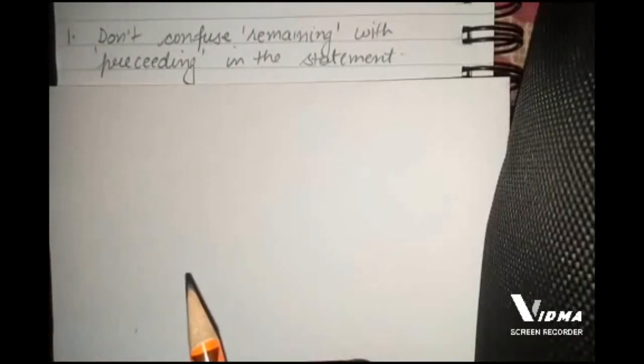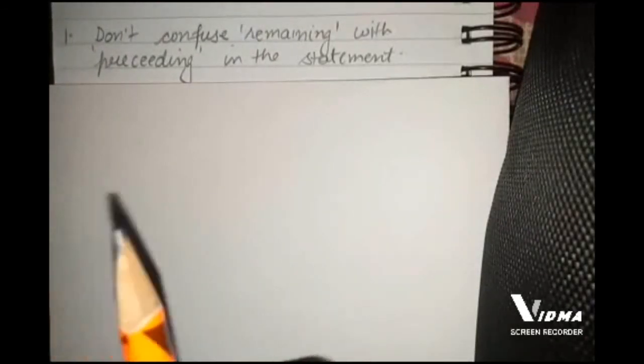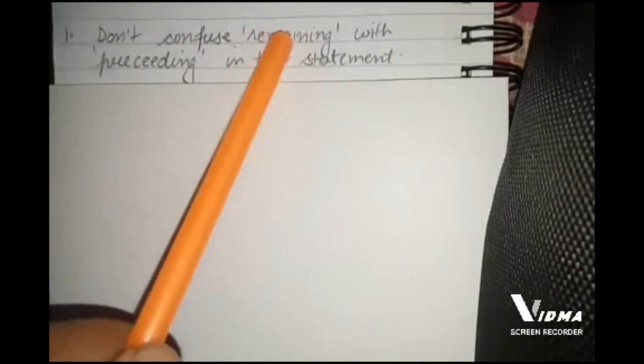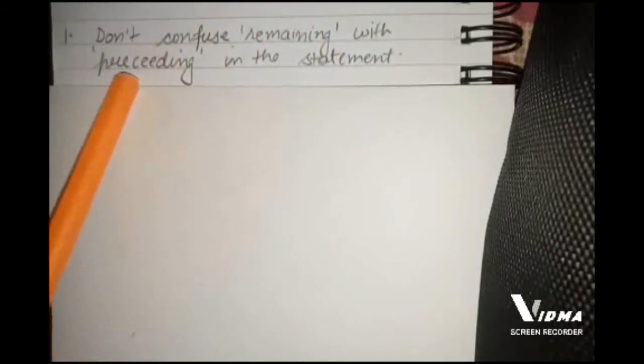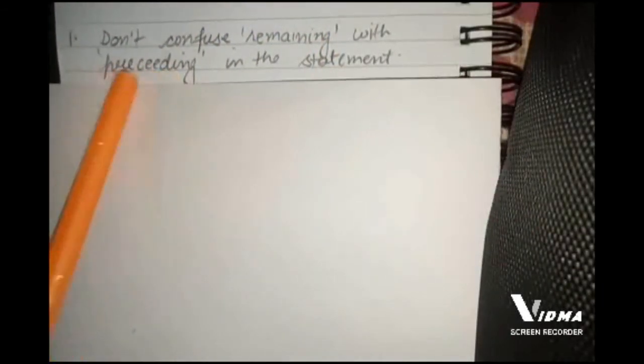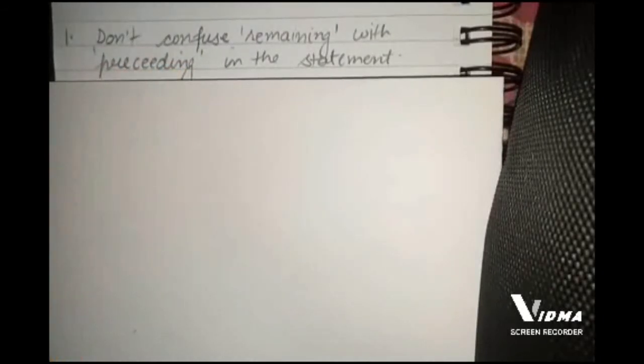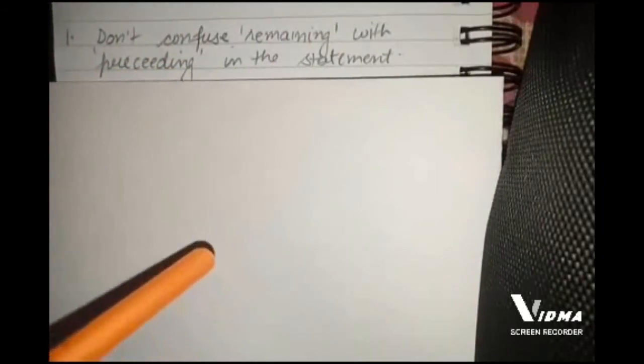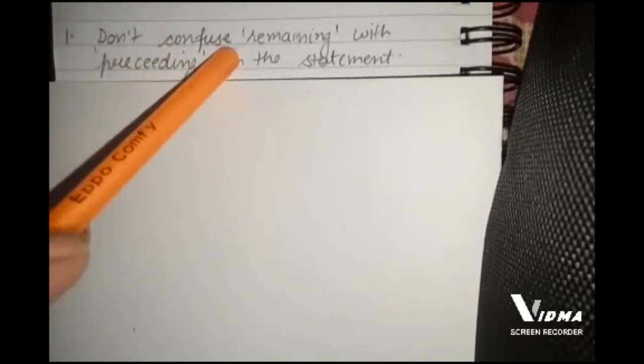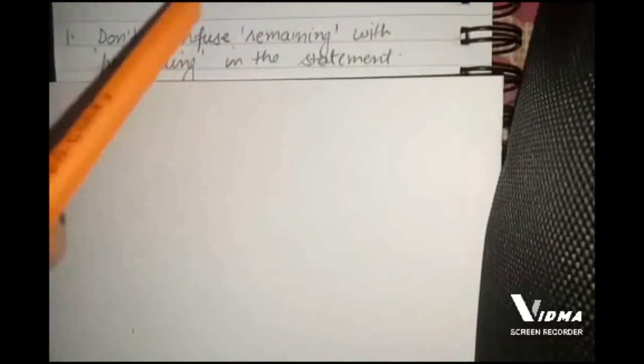If you read the theorem, you see I have used the word remaining, not preceding. We also have a theorem with the word preceding, but the theorem that I've covered in this video is not the one with preceding, it's the one with remaining.